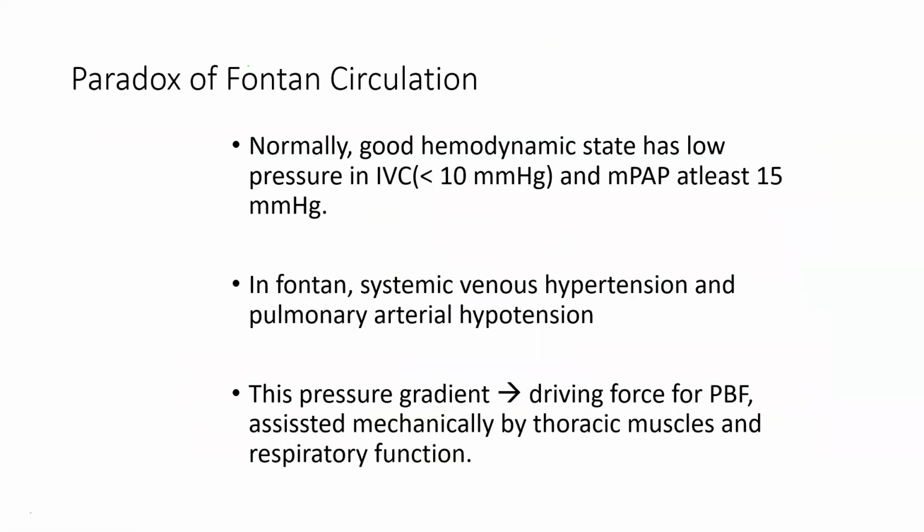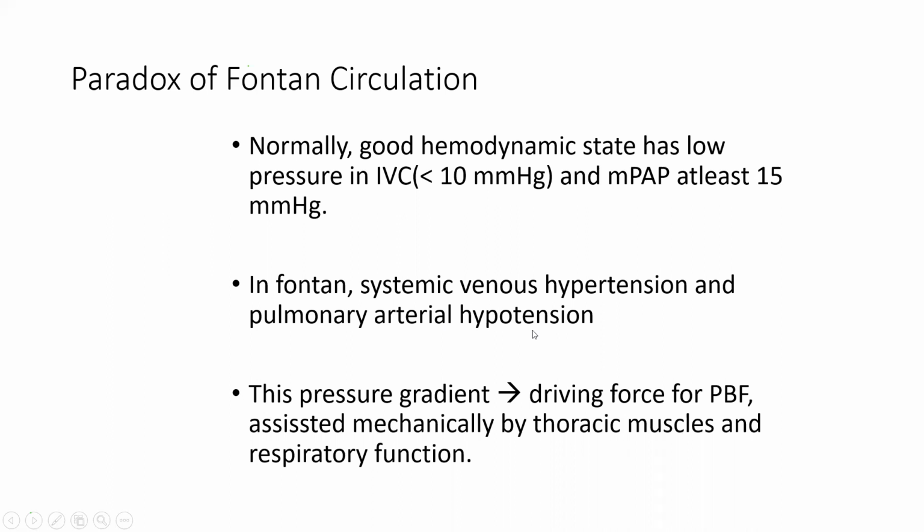So what is the paradox of Fontan circulation? The paradox is that the normal, good hemodynamic state has a low pressure in the IVC, less than 10, and mean pulmonary artery pressure of at least 15 mmHg. In Fontan circulation, there is systemic venous hypertension and pulmonary arterial hypotension.